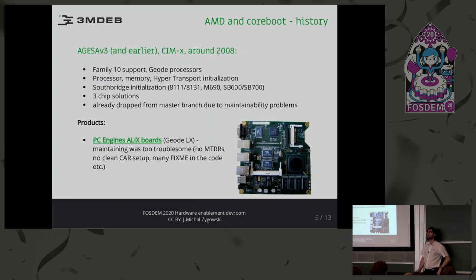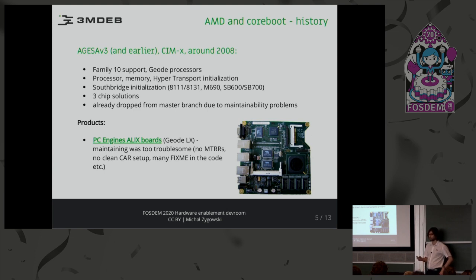The beginning of AMD cooperation with coreboot began around 2007, 2008, when AMD contributed the AGESA code that supported some family 10 processors and some Geode processors. What was this code responsible for? Mainly processor and memory initialization and HyperTransport initialization.